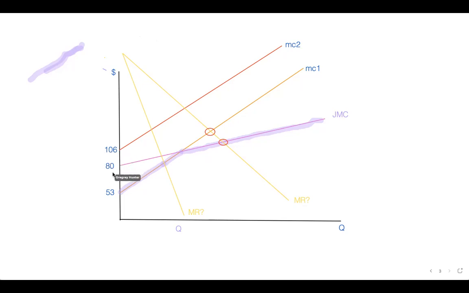Not that I would ever do that, but algebraically it doesn't matter. So I find the solution of the intersection of those two lines, and then I find the intersection of the marginal cost of the low cost firm with marginal revenue. And then I compare the solutions, which are going to be two different quantities.